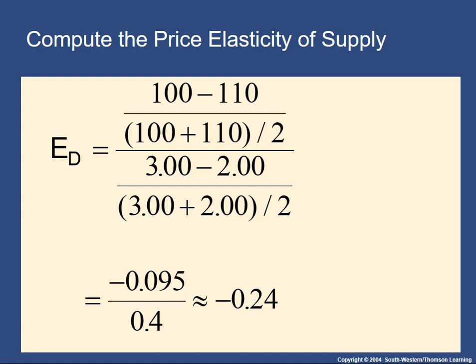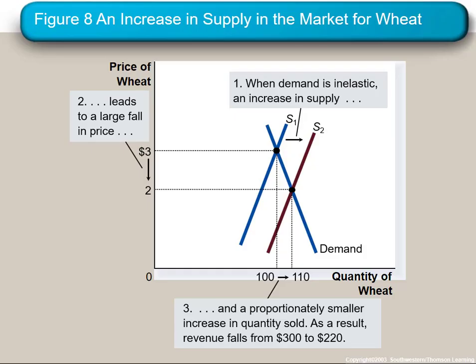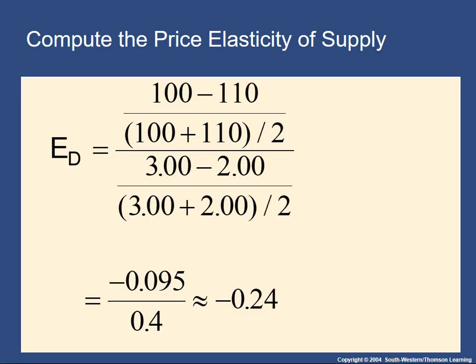And you can see we end up with this, and we would disregard the minus sign. But in the region of the demand curve on the prior slide, you can see that the elasticity of demand is a number that's less than 1 in absolute value. So it's inelastic in that region.